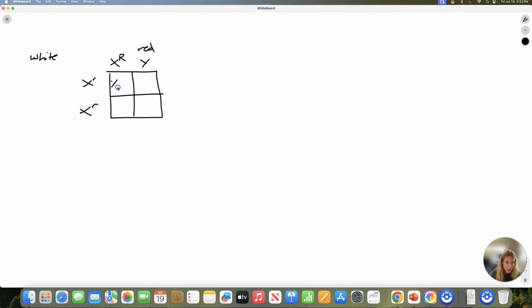So if we then complete this Punnett square, X lowercase r, X capital R, and then X lowercase r, Y, X lowercase r, X capital R, and then X lowercase r, Y, we see that all of the males from this cross will be white-eyed, and all of the females will be carriers but will have red eyes.